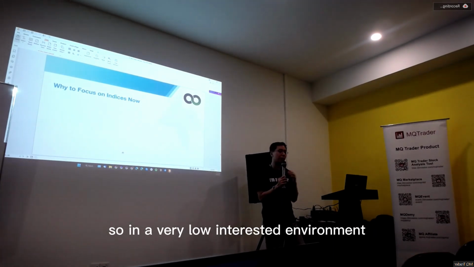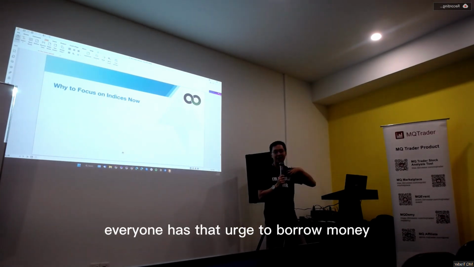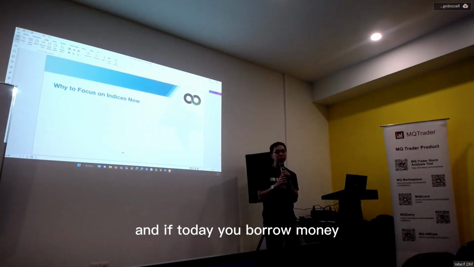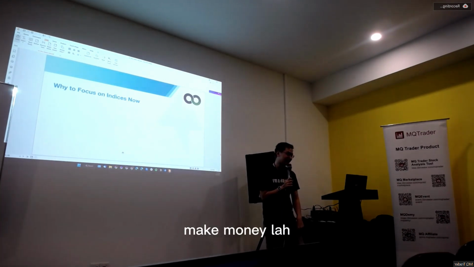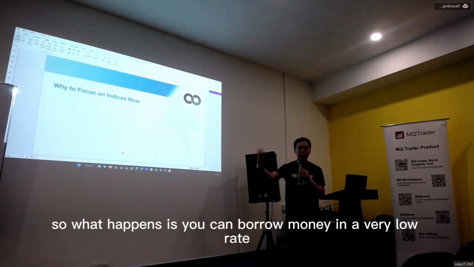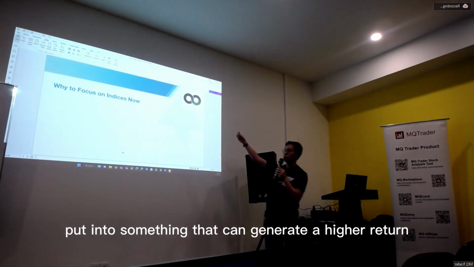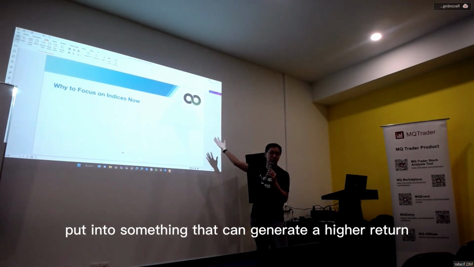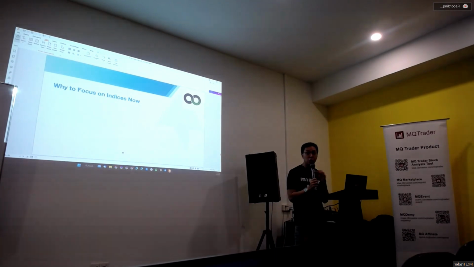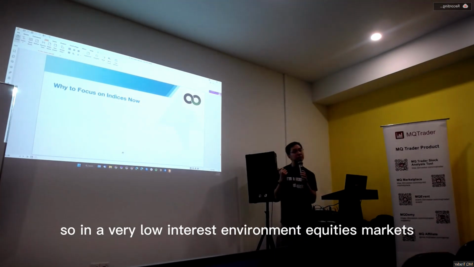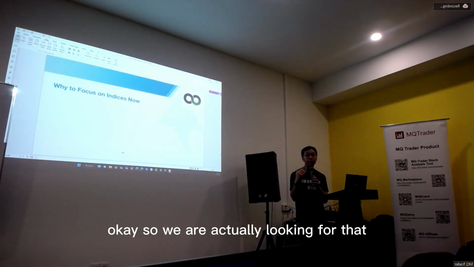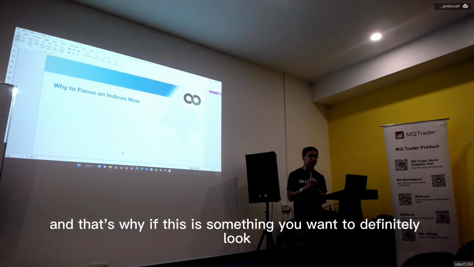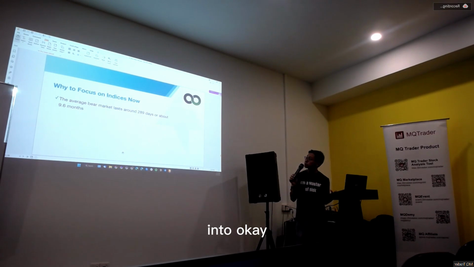So in a very low interest environment, everyone has the urge to go and borrow money. And if today you borrow money, what's your intention? Make money, right? So you can borrow money at a very low rate, put it into something that can generate a higher return, and that's your profit. So in a very low interest environment, the equities market benefits. So we are actually looking for that, and that's why indices is something you definitely want to look into.